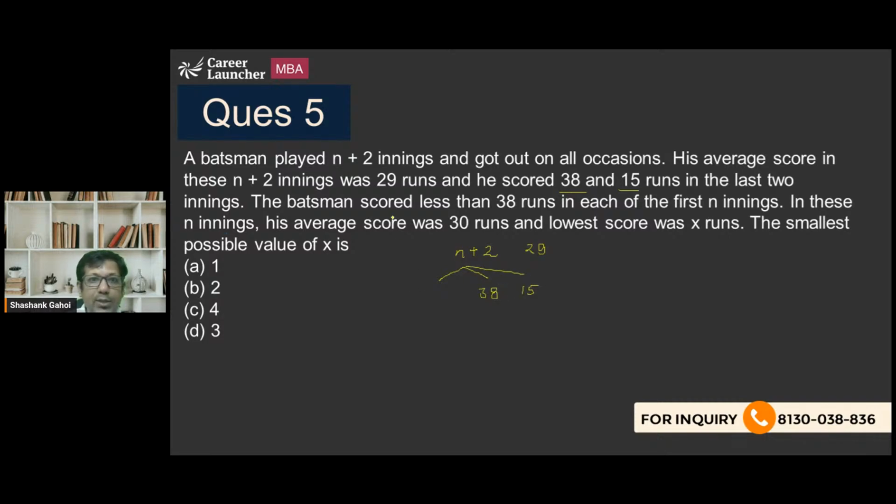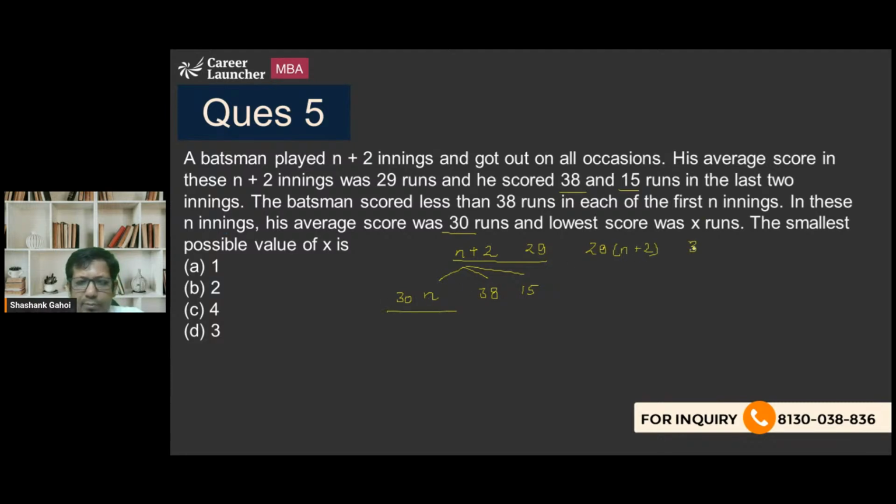So he is playing n innings, then 38, then 15. In these n innings, his average score was 30. So here in n innings, the average is 30. What is the total score? That is 29 times n plus 2. What is the total score?